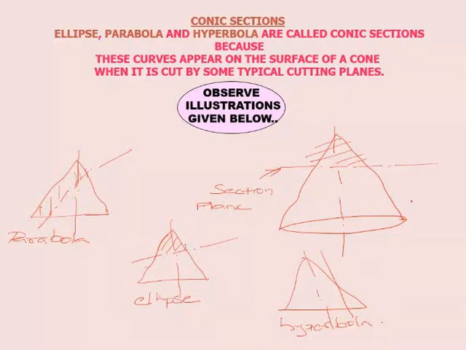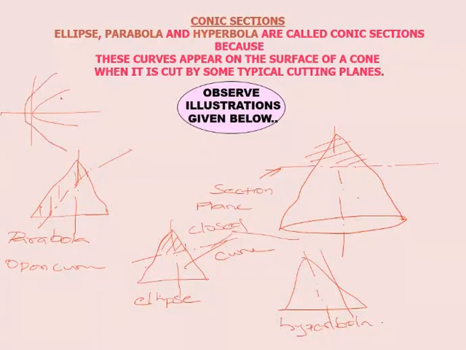If you look at this, in both the circle and the ellipse we get a closed curve, whereas in the parabola and hyperbola we get an open curve. Open curve means, in the parabola you get a curve like this, in the hyperbola a curve like this. The circle and ellipse are something like this.